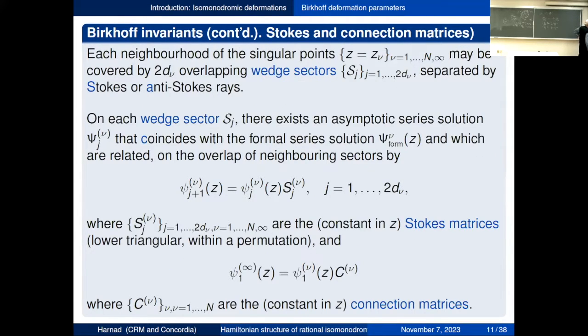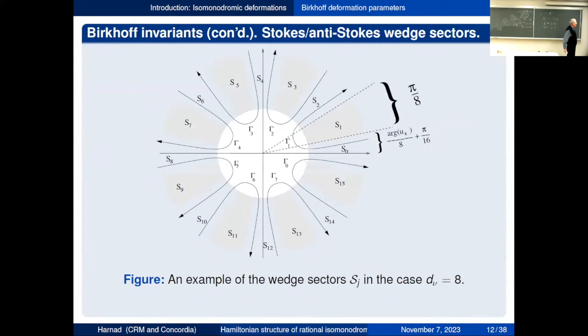So now what about these folks? The statement is that in a neighborhood of every irregular singular point, you can divide it up like an apple pie into slices of pie. The number of slices is equal to twice the Poincaré index. So here's what it looks like.